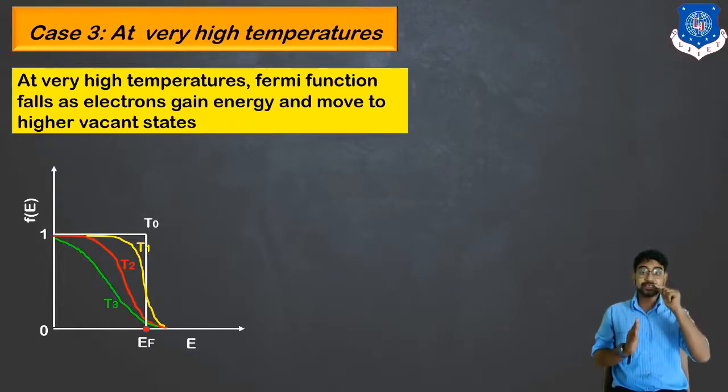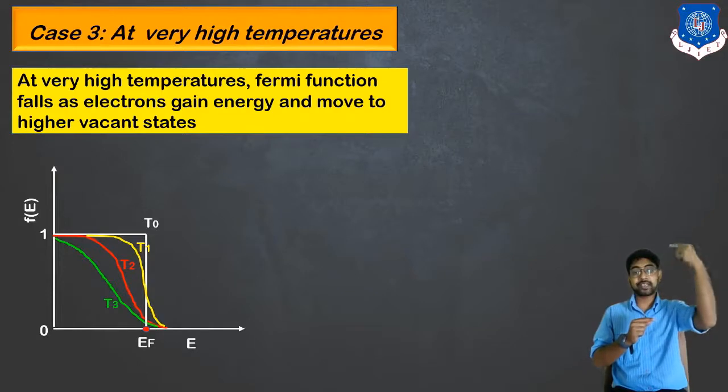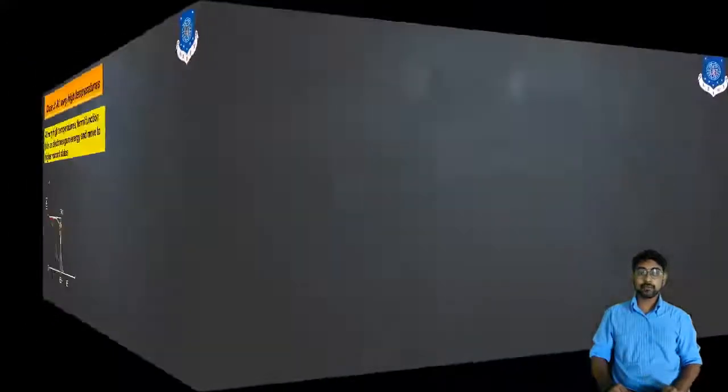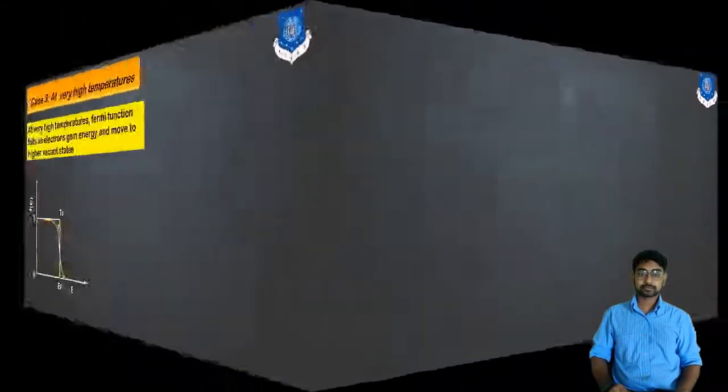As you increase the temperature, you can see that T3 is the highest temperature, then slowly and gradually T2, T1. At T3, when electrons are present at the energy levels and you provide this high temperature, what will be the probability? They will get to the higher vacant state.